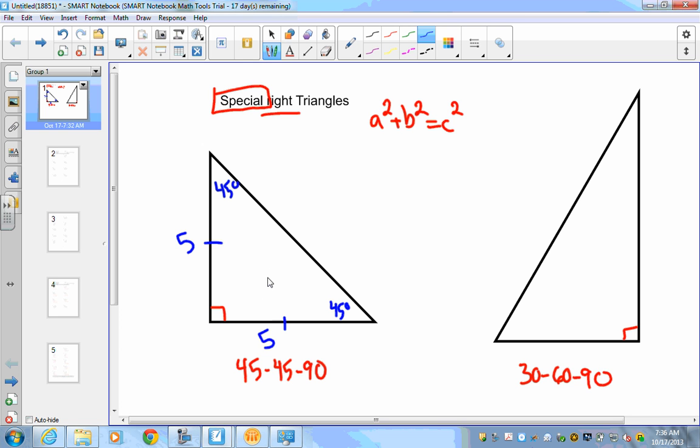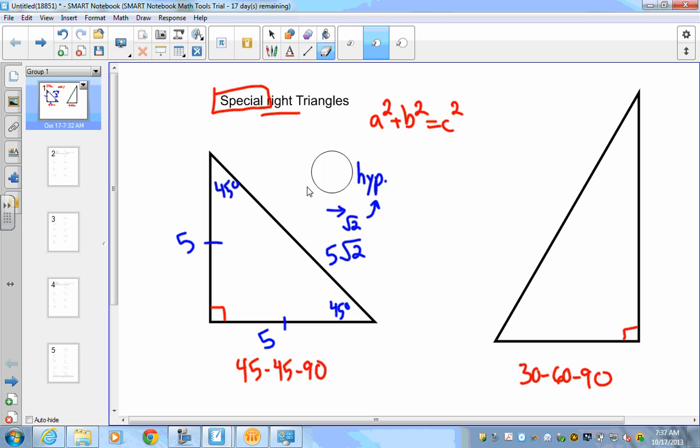But the relationship between a leg and the hypotenuse is that you take the leg and multiply it by radical 2 to get the hypotenuse. So without even using the Pythagorean theorem, I could just multiply this leg by radical 2. So my answer would be 5 radical 2. There's my answer. Let's try this again.